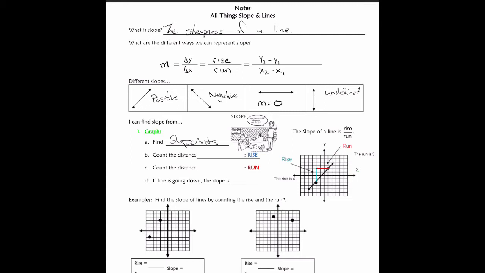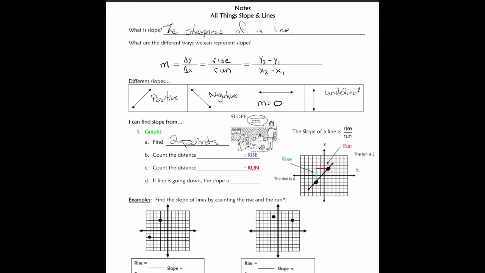So if I look at my example over here, I see that I have a point here and a point here. So I have my 2 points. Now, some of the problems, the points will be given to you. Other problems, you're going to have to find 2 nice points. And what I mean by nice points is that it falls on our coordinate plane nicely. It's not in the middle of 2 lines or anything like that.